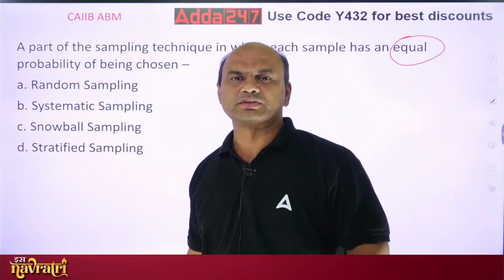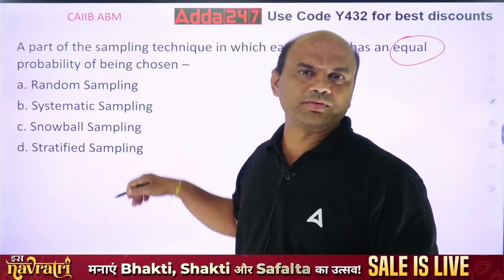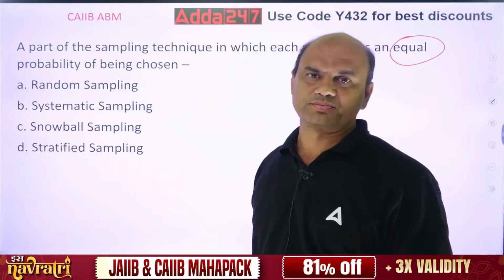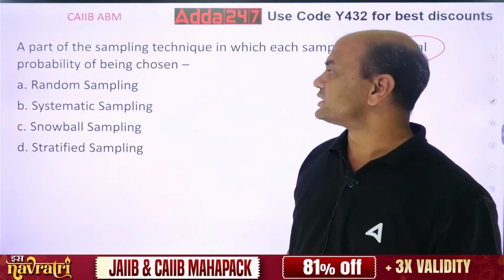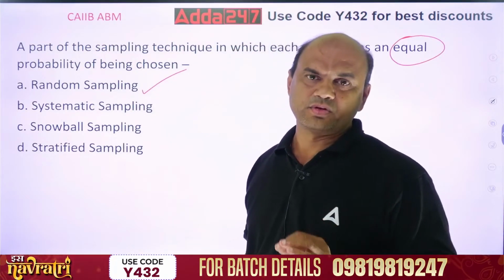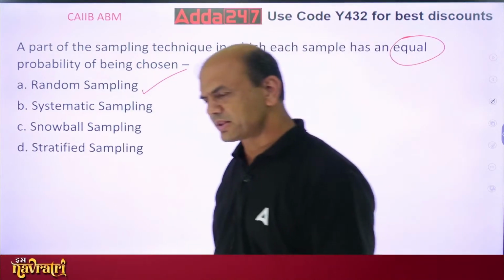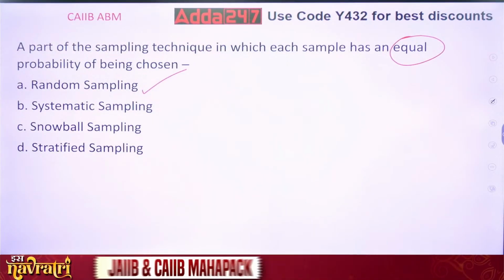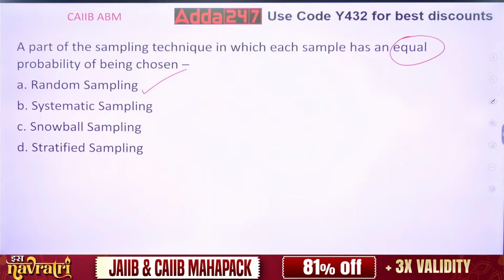Now all of them have equal chance, but amongst them, which is the best one? Kindly note, simple random sampling is known as the best sampling. What is simple random sampling? Stratified I have explained. Now I'll explain the remaining ones also.